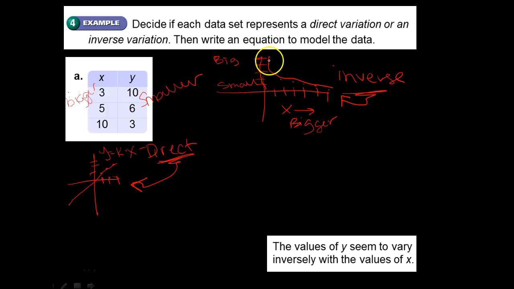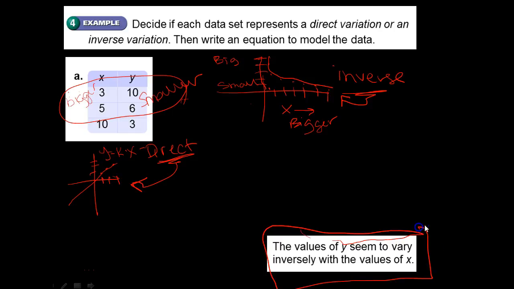So as your x's are getting bigger, your y's are getting smaller. That's what this table is showing. So it seems like y is varying inversely with x. So we know it's an inverse variation.